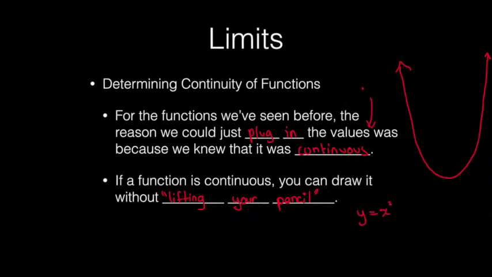When evaluating limits, we could just do it because we knew it was continuous. You'll see the exact reasons for this in just a second, but this is the general idea. This will sort of explain why we've been able to do that without testing the left and the right hand limits. Okay, so let's move on then.